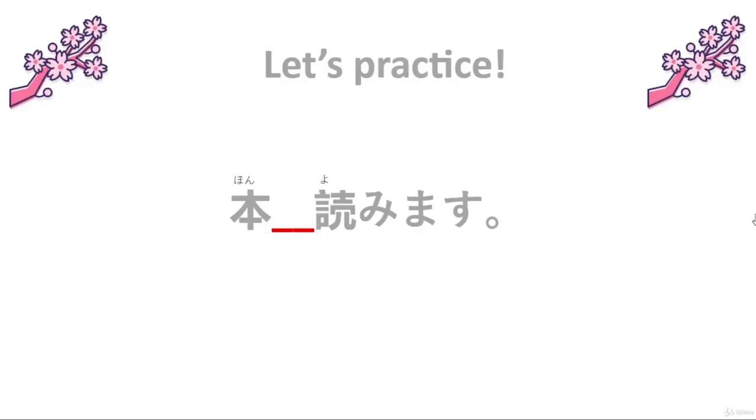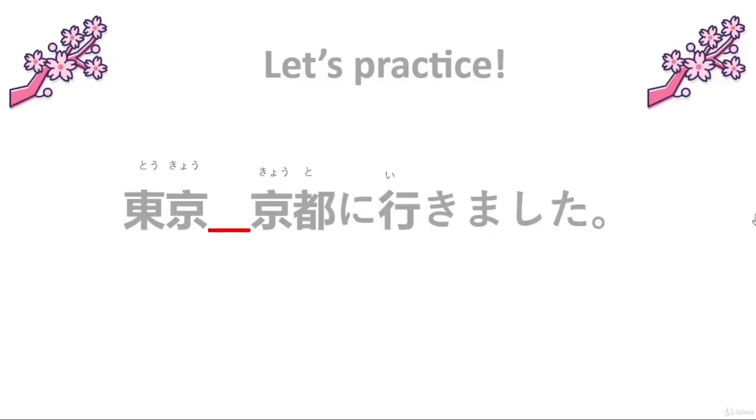So what will I do with the book? 本を読みます。I will read it. Very good. 東京、京都に行きました。Tokyo, Kyoto, I went. 東京や京都に行きました。I went to Tokyo and Kyoto.